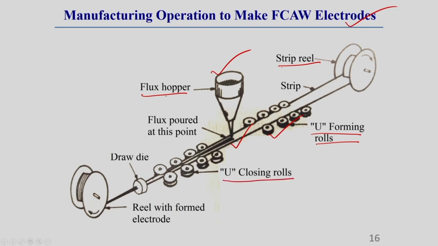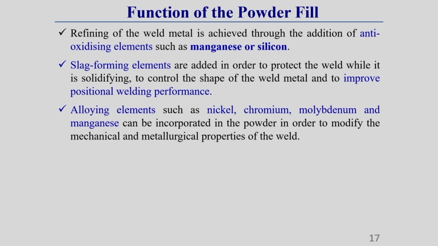Just ahead of the flux hopper position, a U-shape closing roller closes the U shape to a round shape. After that, it is drawn through a draw die, and this round wire filled with flux is wound onto the spool. This is the manufacturing procedure. Now, what is the function of this powder fill?